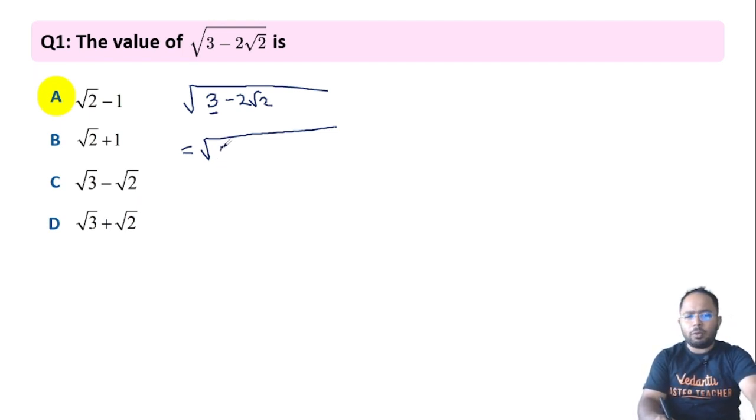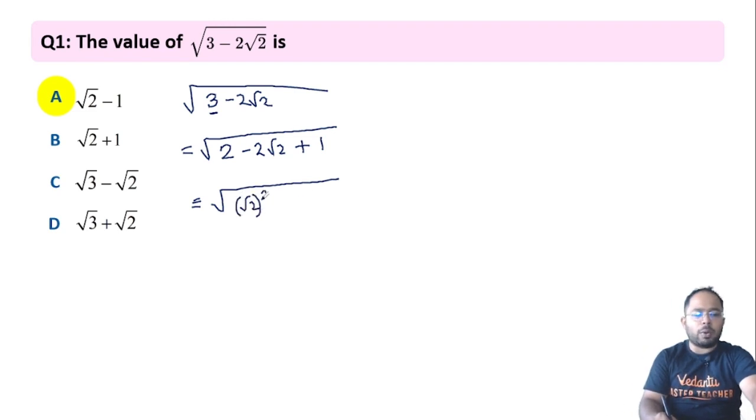So what I can do is I can just add 2 here, minus 2 root 2 plus 1. It will not affect the expression because 2 plus 1 is obviously 3 minus 2 root 2, but it will give a huge impact. How? Root 2 square, I can write as 2, minus 2 root 2 into 1, and I can make this 1.